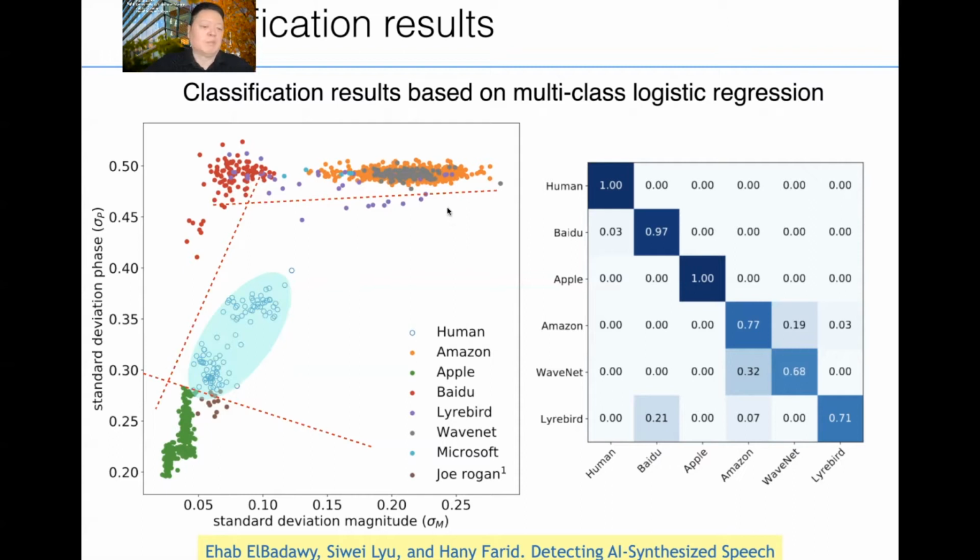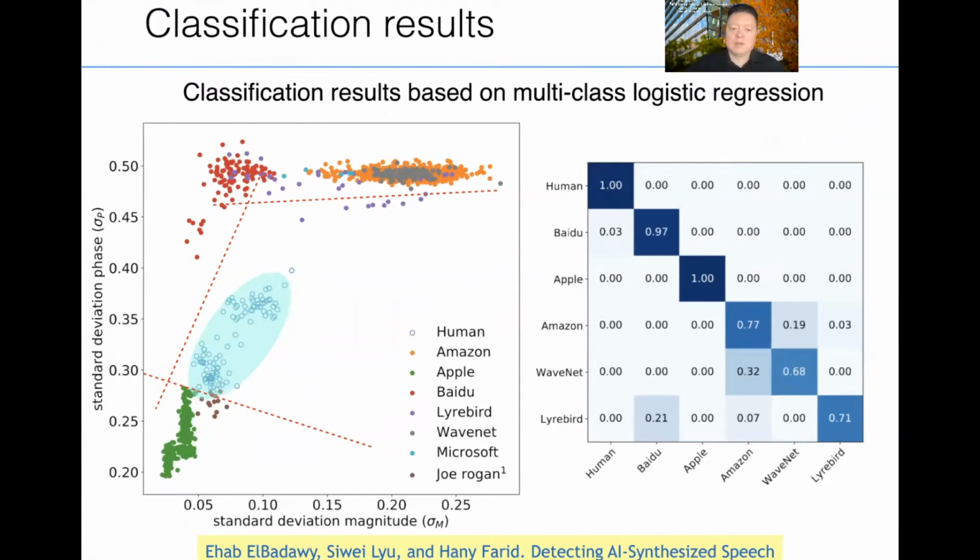Different types of generation algorithms also tend to cluster together in this space, and more importantly, they can be very well separated from the samples coming from real human voices. So we can build a very straightforward SVM-based classifier, and we can achieve a classification performance of around 90% of the time.